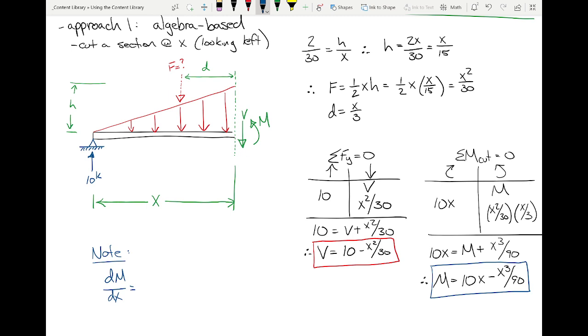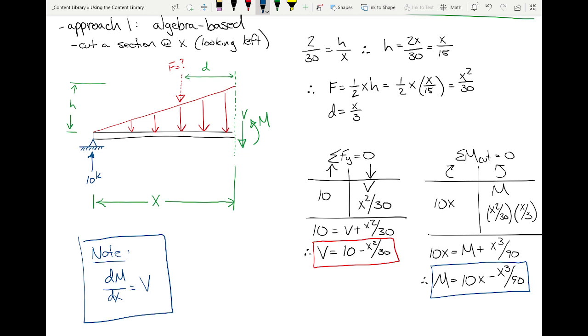Minus, what's the derivative of that? So x cubed, the derivative of that? 3x squared over 90 is x squared over 30. So the derivative of this is 10 minus x squared over 30. Passes the derivative test, right?